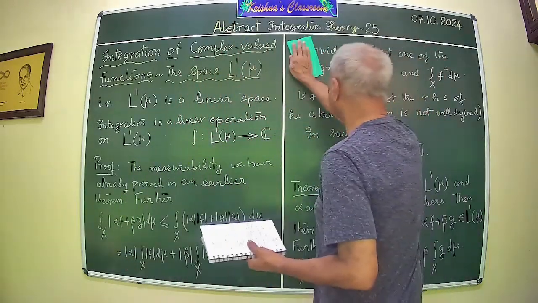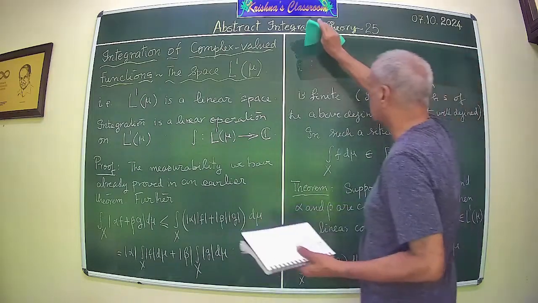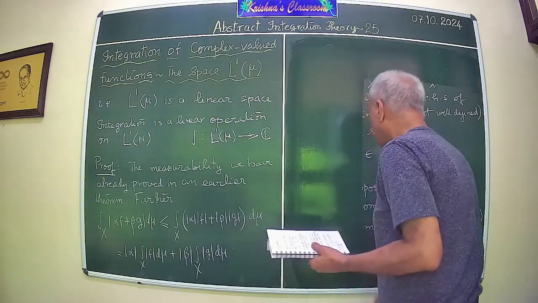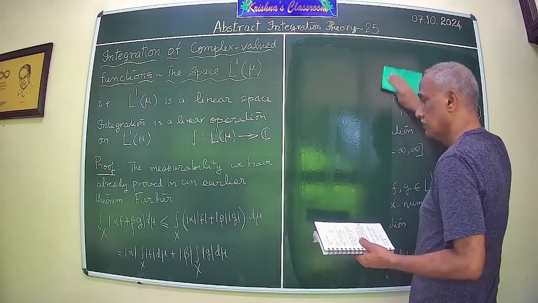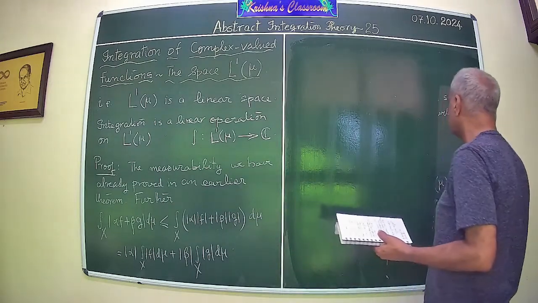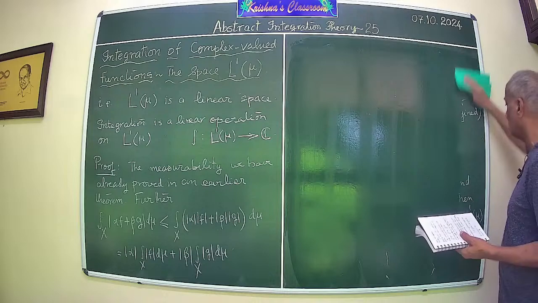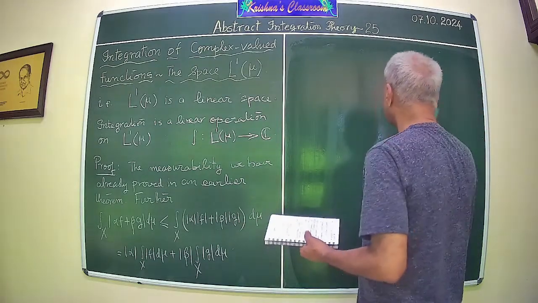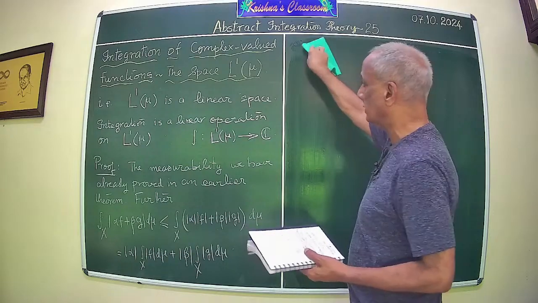This implies alpha f plus beta g is L1. The first part, the first statement.